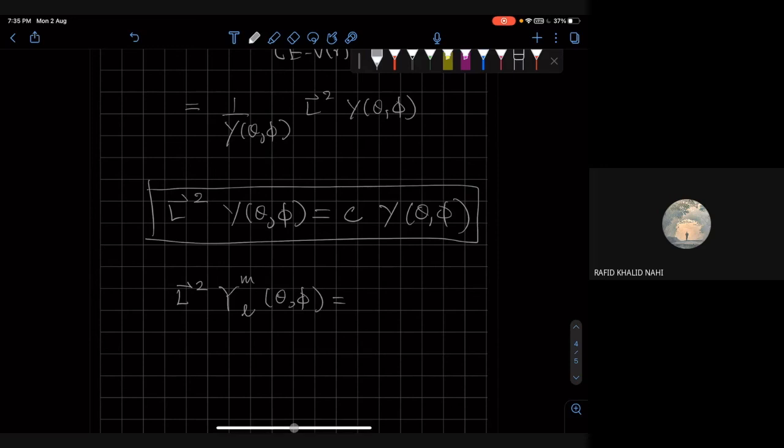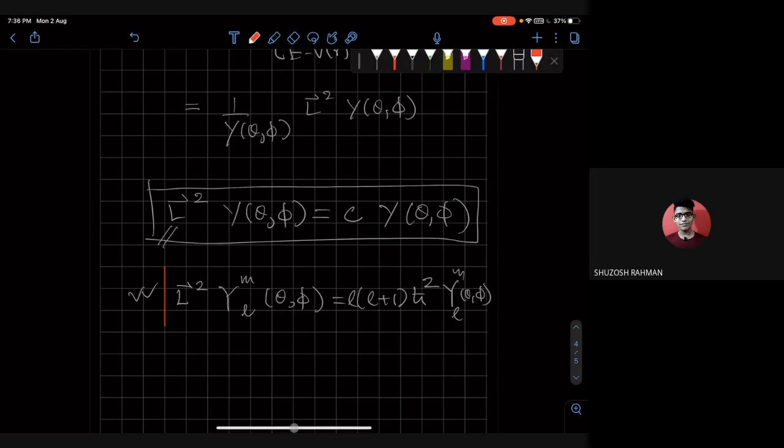And this constant is simply going to be l(l+1)ħ squared, times Y_lm of theta, phi. So this is going to be my equation, right? We know this because this is the orbital angular momentum squared operator. Okay, is that clear?